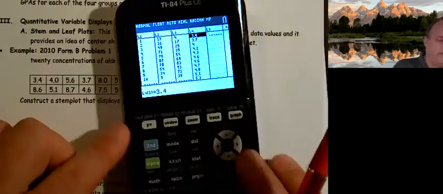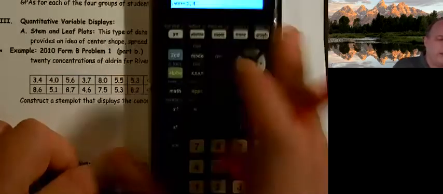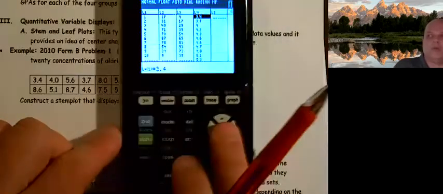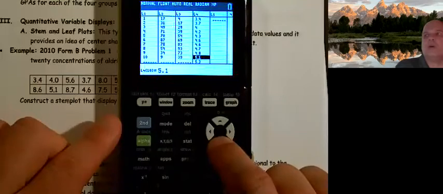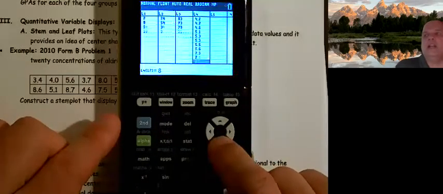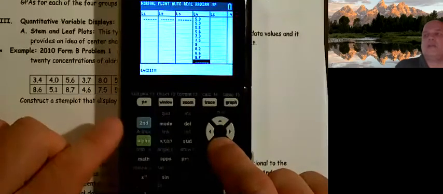Okay? And if I scroll down, I have some numbers that start with 3, some that start with 4, some with 5, 7, and 8. I don't see anything with 6s. So 3, 4, 5, 7, and 8.